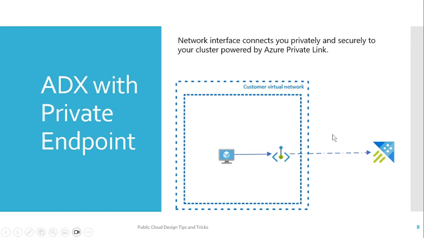That means with your private IP, which is inside your private network, with the concept of Private Link, you can connect to Azure Data Explorer, and your traffic will stay completely within your private network. That is the beauty of Azure private endpoint.